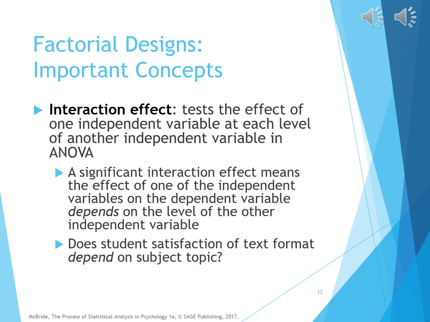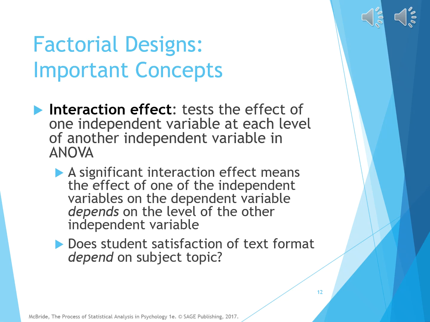So for instance, if we found a significant interaction effect in this example, it would mean that student satisfaction ratings of the textbook format depend on whether those students are taking psychology or chemistry.